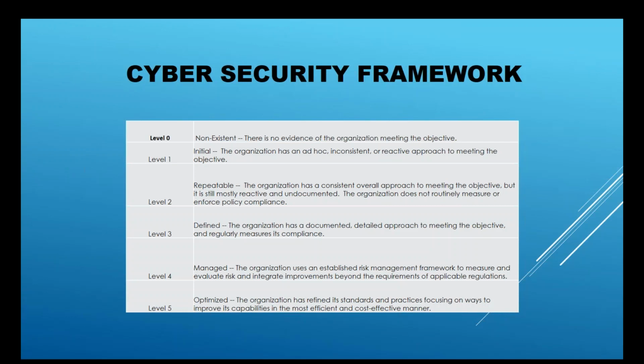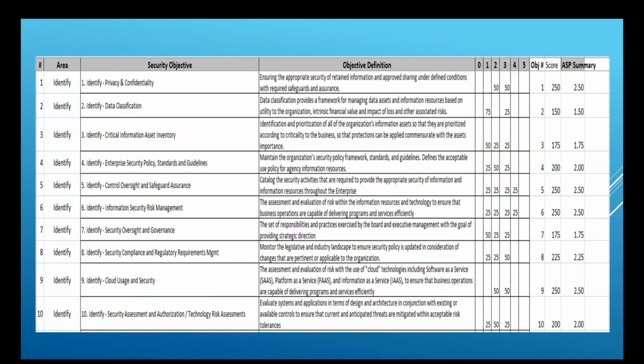It's managed, and we're actually using all of this risk framework that we're working through to measure and evaluate risk and integrate improvements beyond just minimal legislative requirements, to address issues such as regulations. And finally, level 5, optimized, where we're using these as standards and practices to improve capacities and become more cost efficient and effective. So those are the five levels that we're going to score in our information security summary.